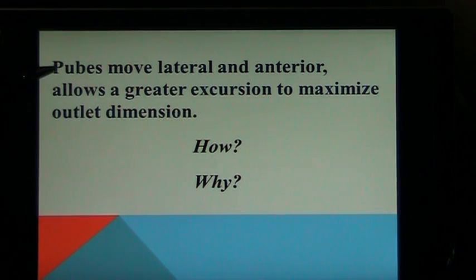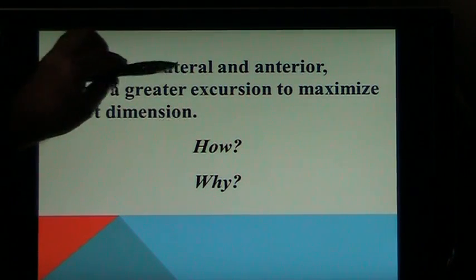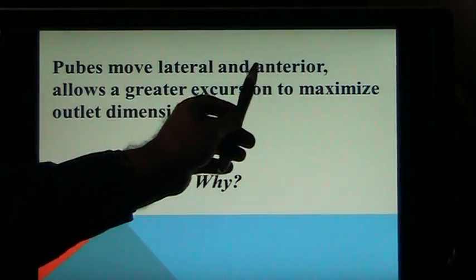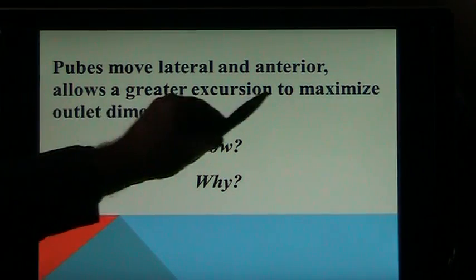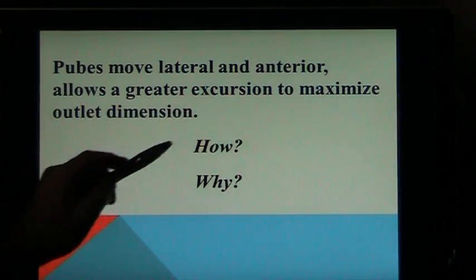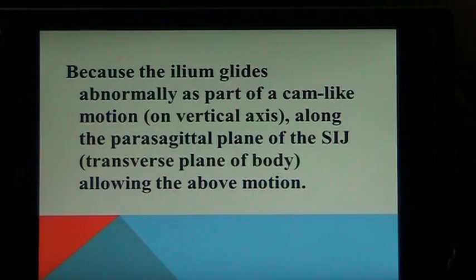And then I propose that the pubes don't just move lateral, but they move lateral and anterior. Anterior is the key concept that I bring to the table, allowing a greater excursion to maximize the outlet dimension. How? Why? Well, because the ilium glides abnormally as part of a cam-like motion, and that occurs on a vertical axis.